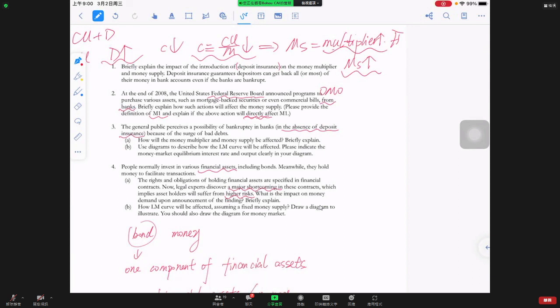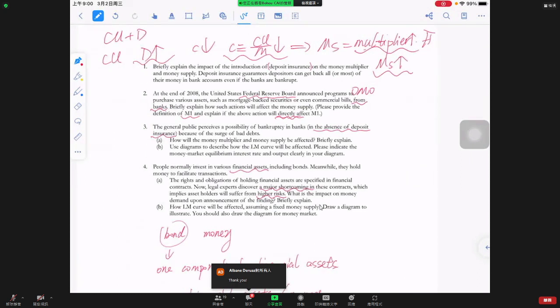I will speak English. Okay, so the student said I made a mistake just now. The logic is, with more confidence in deposits, people tend to hold more deposits and hold less currency. So this small c will decrease, and with a decrease in small c, the money multiplier will increase, and at the same time with an unchanged high-powered money, the money supply will increase.